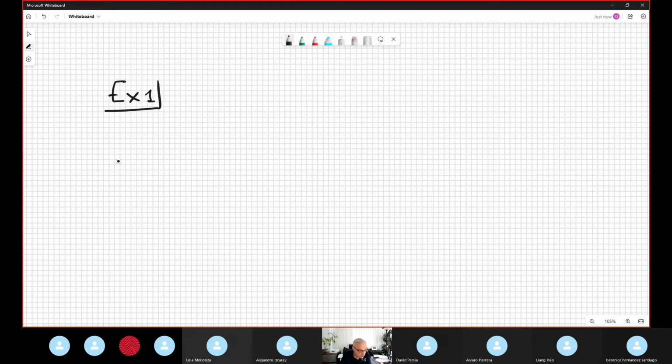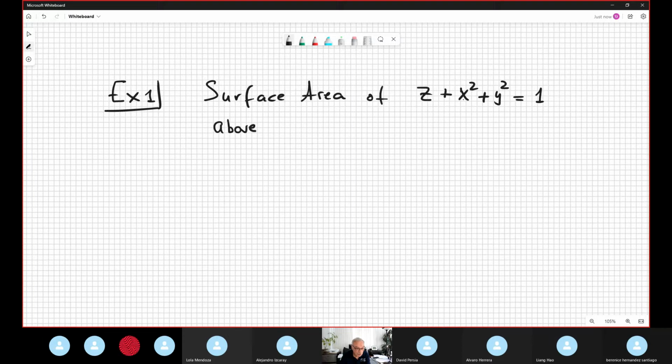Example 1. Suppose that I need to compute the surface area of one surface that is given like that: z plus x squared plus y squared equal 1, above the xy plane.